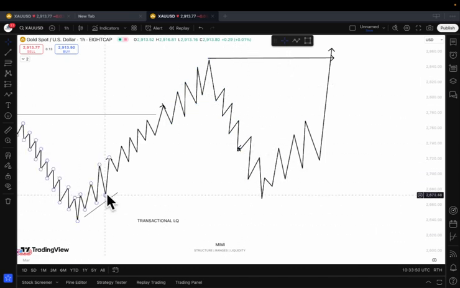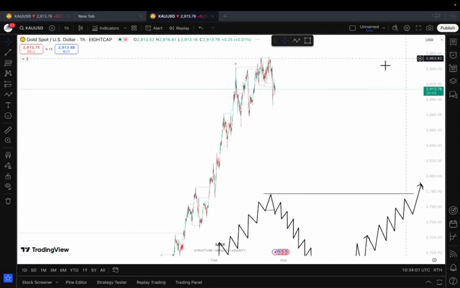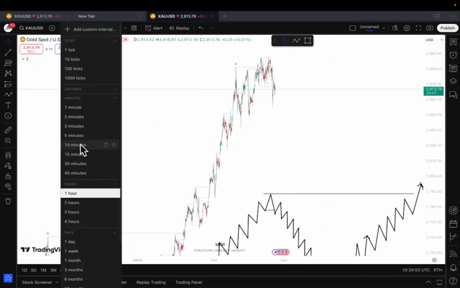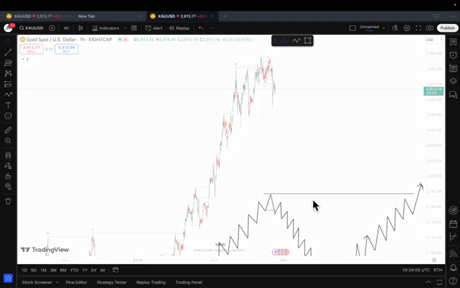Sometimes it doesn't get to the range, but it is still important for you to mark out the previous range that it started from, to mark out your external. Let's go into the chart to check it out. So we have to go to the 4 hours time frame, because we are talking about the range.